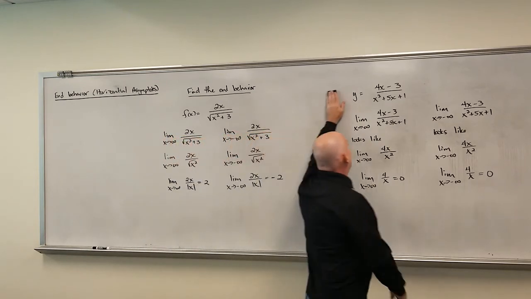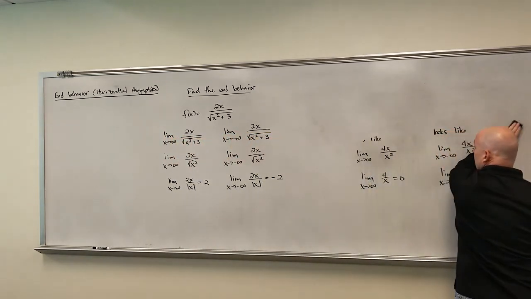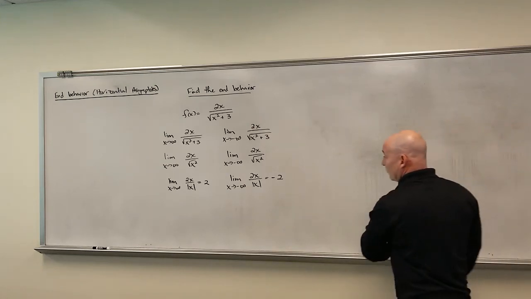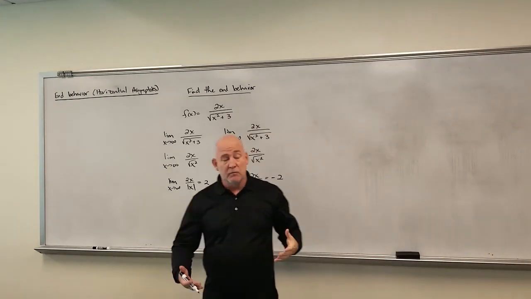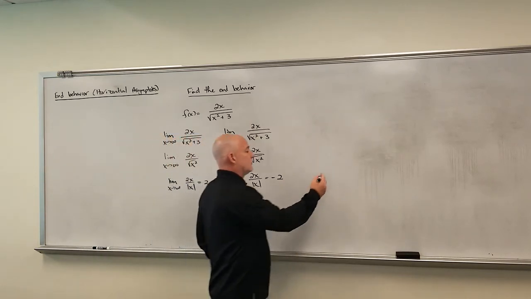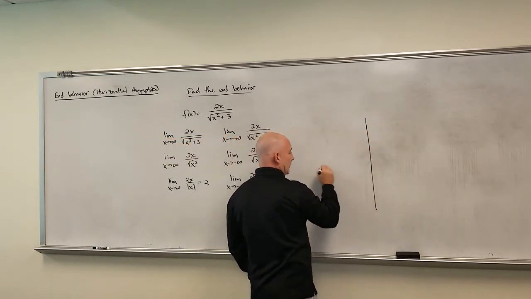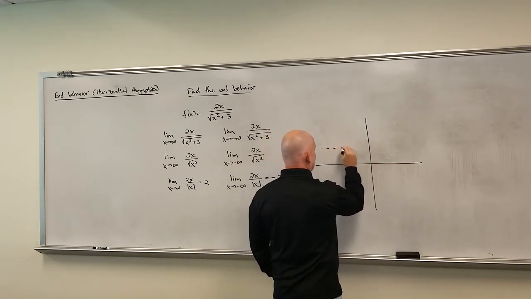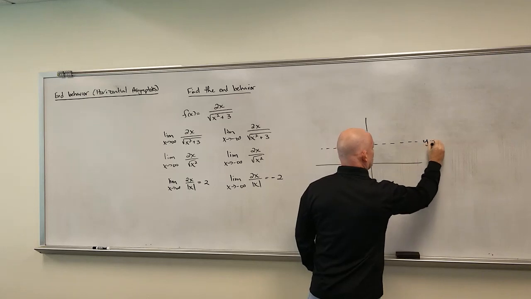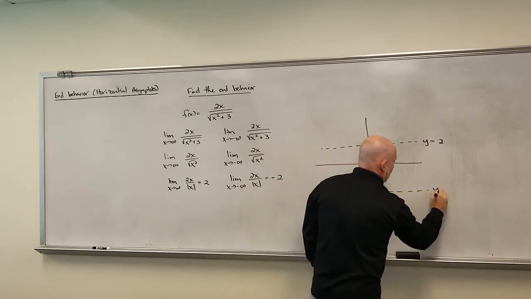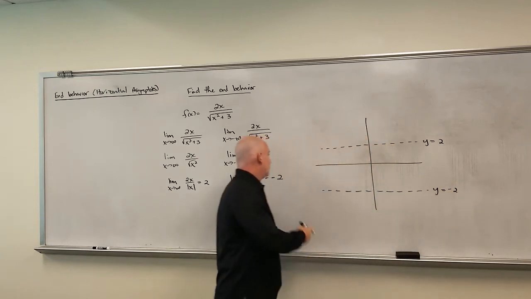Now, we don't see a lot like this generally in a course like the one we're in right now. However, they do show up. Normally, for most of the things we're looking at, if we have a horizontal asymptote, it's the same in both directions. This actually has 2 different horizontal asymptotes, depending on which direction we're going. So there's our xy axis. Here's what it looks like. We have one up here at y equals 2, and one down here at y equals negative 2.